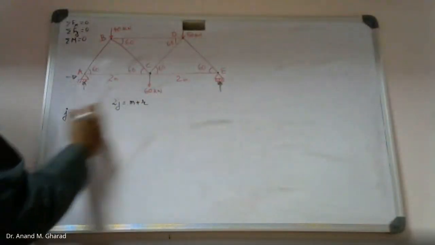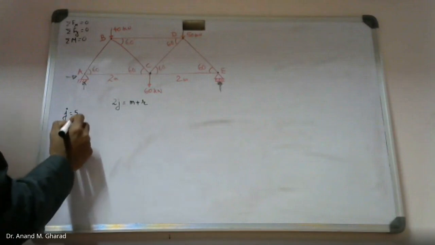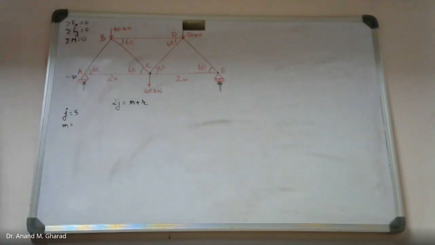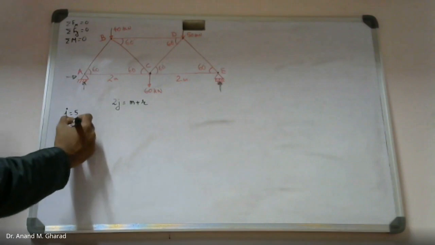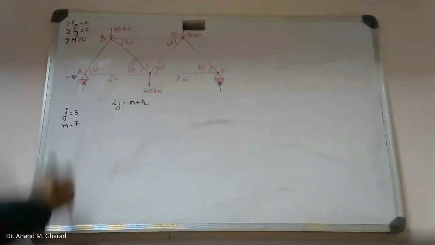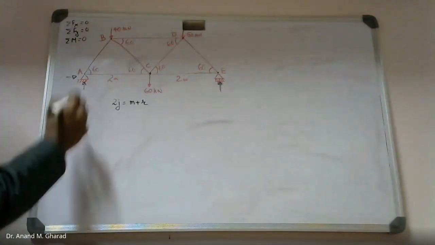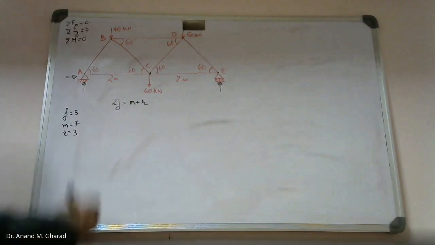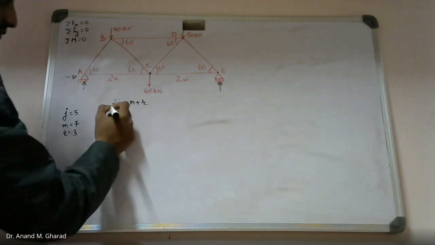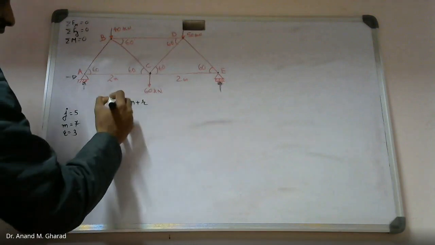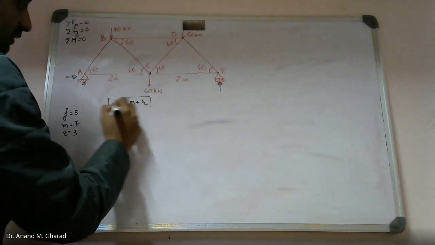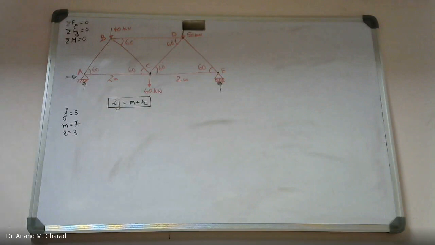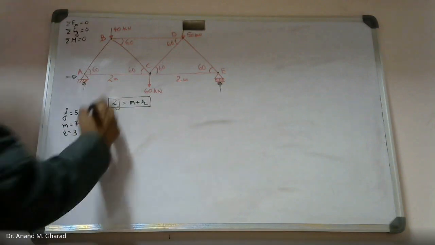How many members do we have? Can you please count and let me know? Yes? 7. How many reactions? 3. And yes, internally also, this truss can be said to be rigid and it is determinate. I mean, the unknown forces can be determined. So this equation is satisfied.